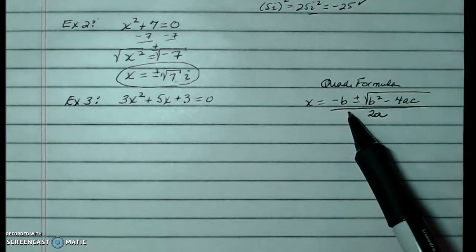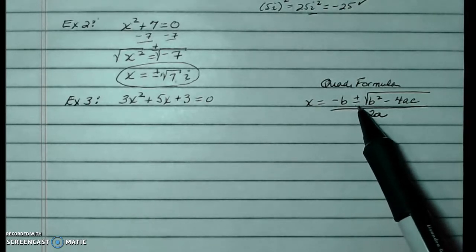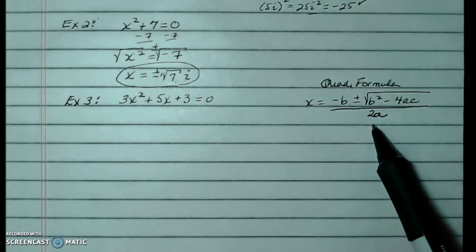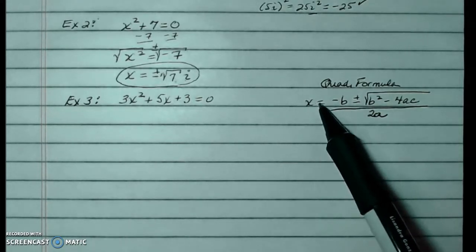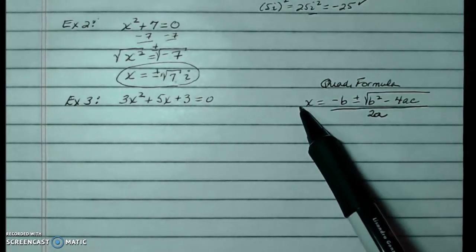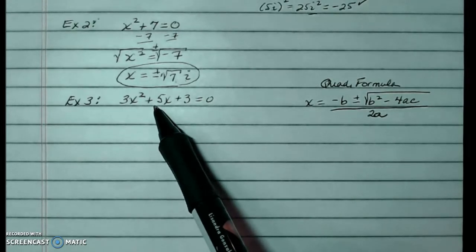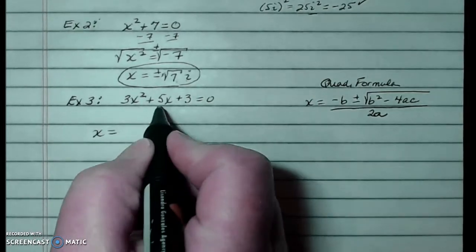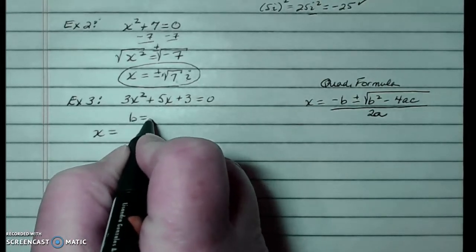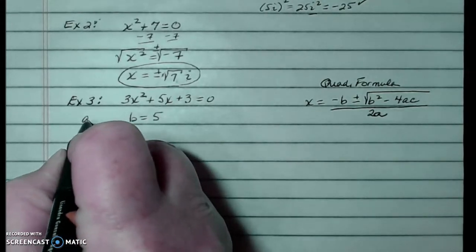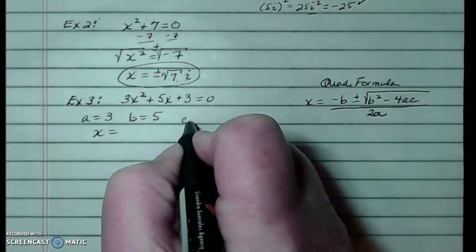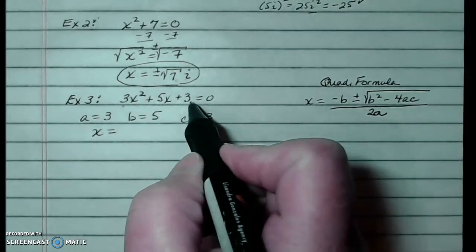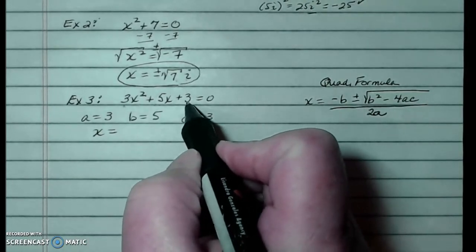Remember the quadratic formula: the opposite of b plus or minus the square root of b squared minus 4ac all over 2a will generate your solutions, your values of x that are solutions to this equation. So x equals the opposite of b, and I should have identified b is 5, a is 3, and c is 3. Pulling these two coefficients as a and b, and the last term, the caboose, as c.